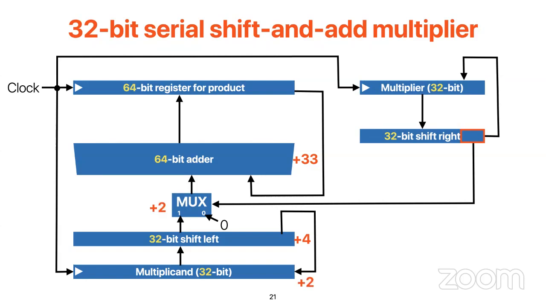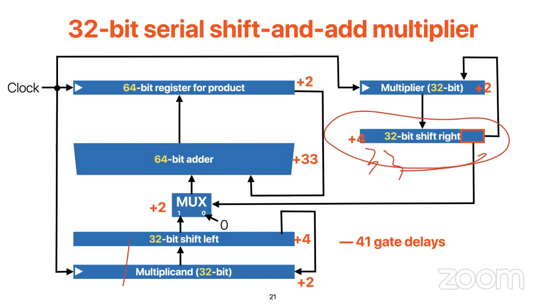On the multiplier side, the 32-bit shift right only takes 4 cycles. However, if this is something else that takes longer than 33 cycles, then the answer might change. But you get it: the critical path is this one. So you can imagine for a 32-bit shift and add multiplier, the gate delay is about 41 gate delays.